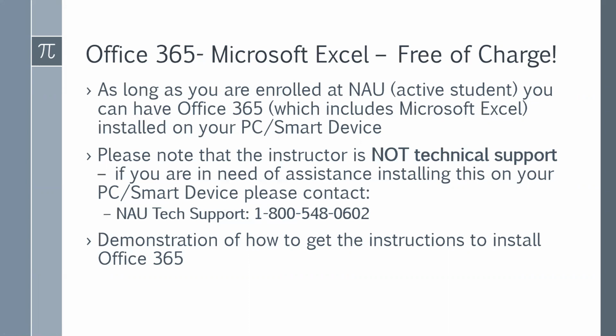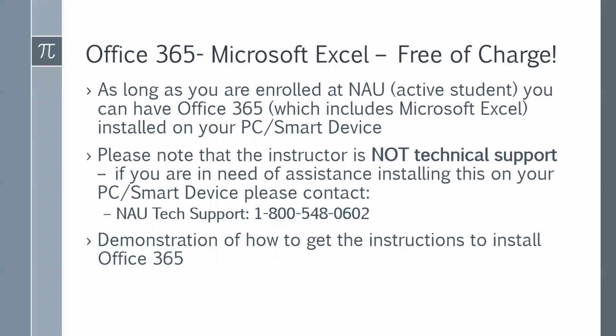At the time of this recording, there is Office 2019 that's out. I'm assuming you're still probably getting Office 2016, but that is a newest version that's out there. If on your PC you have Excel 2007 or newer, everything should work. However, if you want the most updated one free of charge, I like free, doesn't cost a thing, you can obtain it. And I will show you inside the class portal what link you need to click on and what instructions need to be followed.